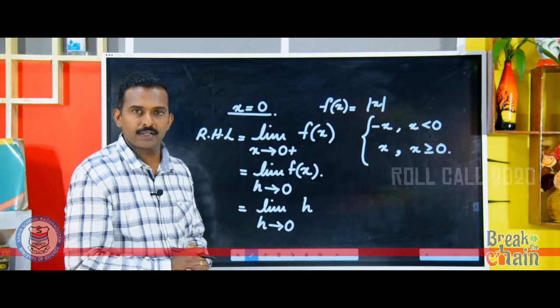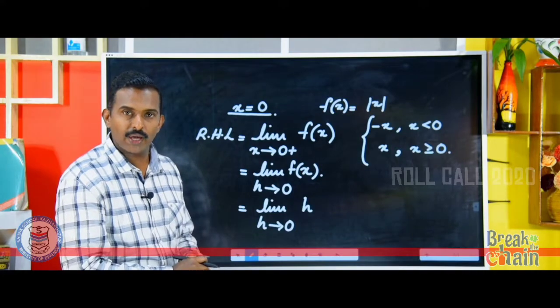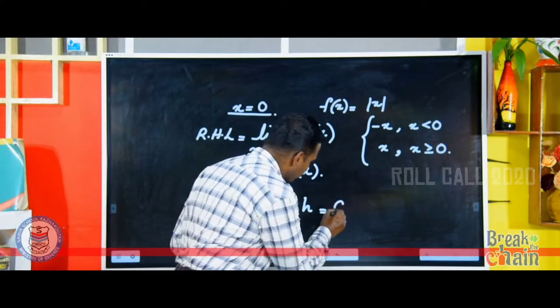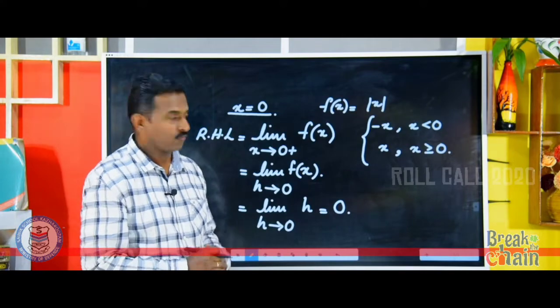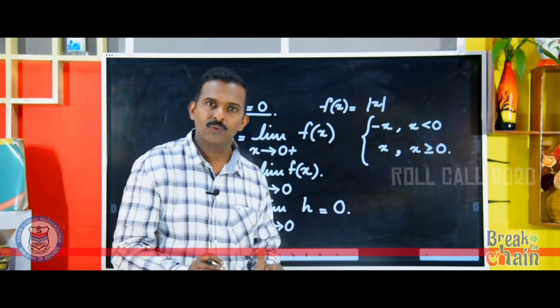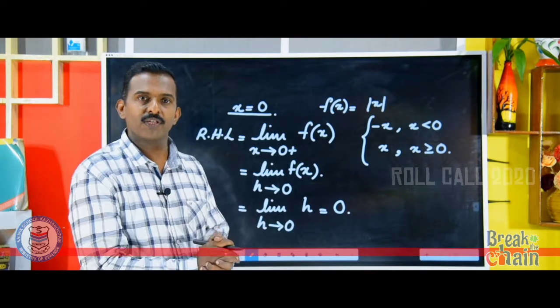It will change in this pattern. Limit h tends to 0 of h, which is again 0. Therefore, LHL and RHL are 0, and therefore the limit itself is 0.